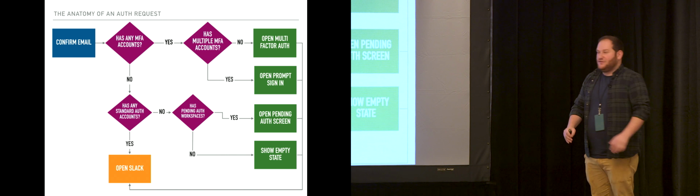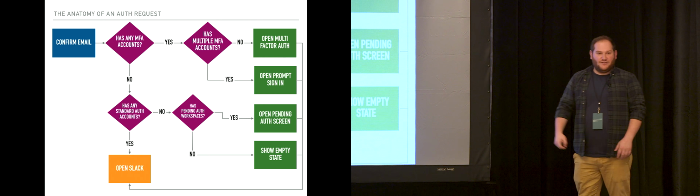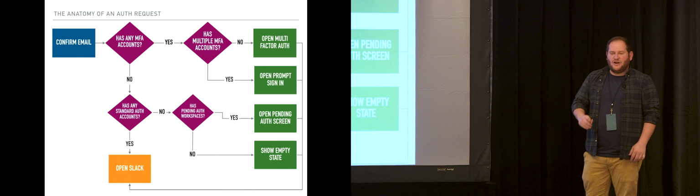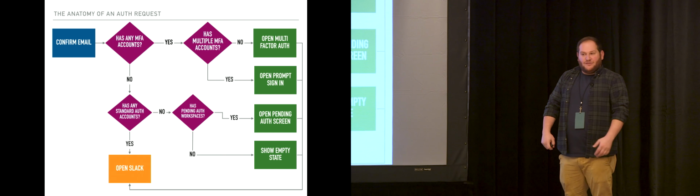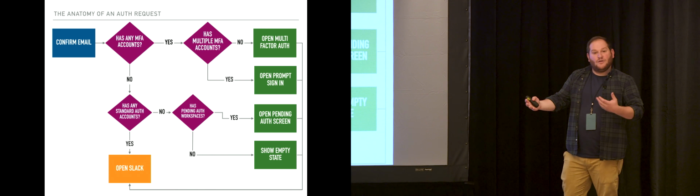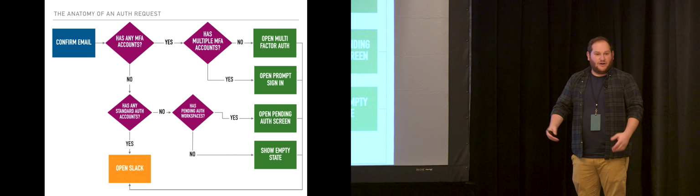It's a little dense, but this is onboarding at Slack. This is signing in. This is the process. And a year and a half ago, it was really complicated. It's an enterprise chat app, right? So there are things like SSO, and there are things like two-factor authentication, and we have to integrate with a lot of different identity providers.